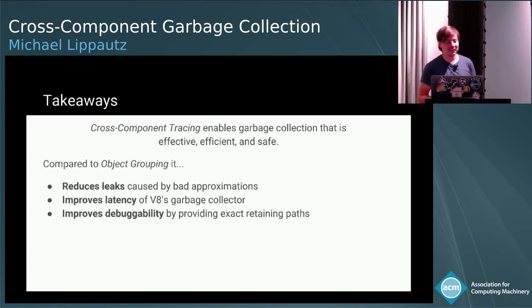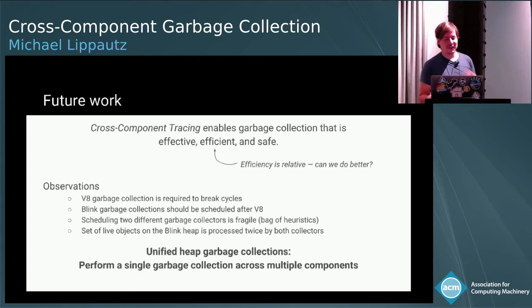The takeaways are that cross-component tracing improves over object grouping by reducing leaks, improving latency, and improving debuggability. But there is one thing I still wanted to highlight. I'm always talking about efficiency here, and I think it's relative. There are a few observations that form our future work right now.